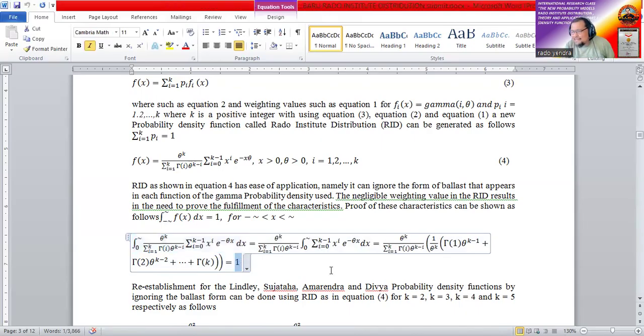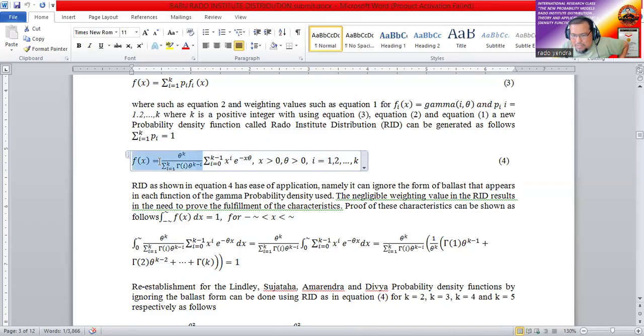It is very easy to prove the equation 4, or the density function of the Rama Indra distribution, is a correct function, because we can show the integral from 0 until infinity is equal to 1. For this reason, we can conclude that the equation 4, or the density function for the Rama Indra distribution, is the correct density function.